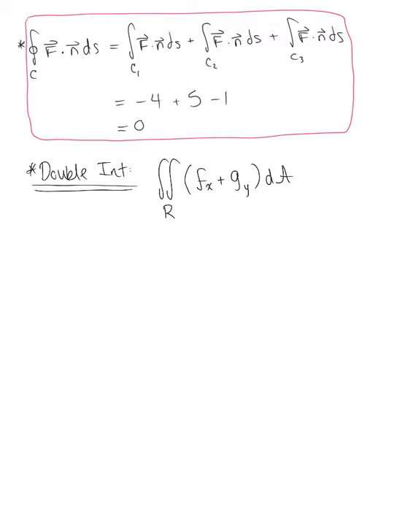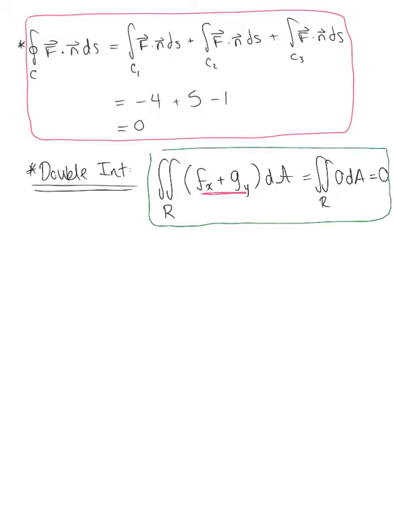And let's keep in mind the very first thing that we did was compute the two-dimensional divergence, and we found it to be 0. So this is the double integral over R of 0 dA, which equals 0. And this matches the vector line integral that we just found. And so we have confirmed that this vector field is source-free.